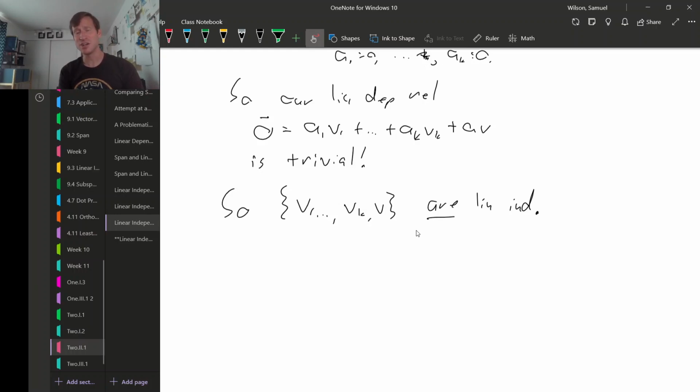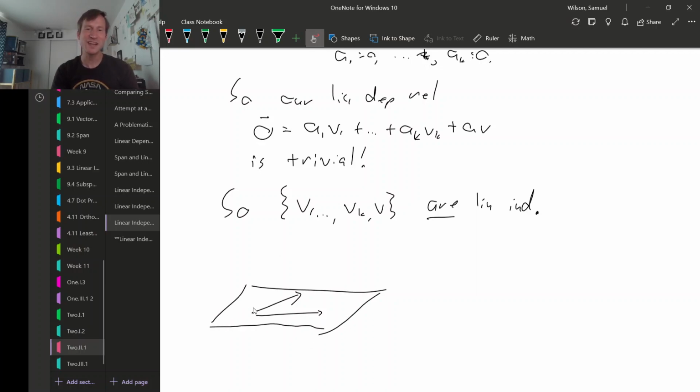This is really nice to know because often you'll want to know what happens to a collection of vectors if you add one more. And what this is saying is, right, if we have a collection of vectors, it gives us some span, right?